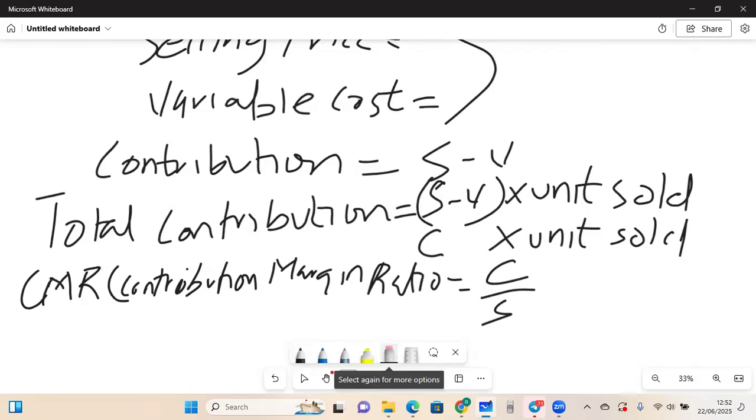Let me write it well. We know contribution up here is going to be selling price minus variable cost. So basically, selling price minus variable cost all over selling price is contribution margin ratio. This is easy peasy. Once you know this, the rest will be very, very easy for you.